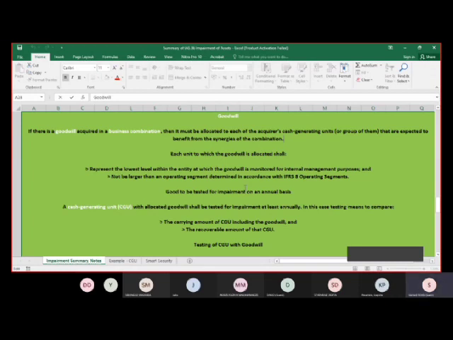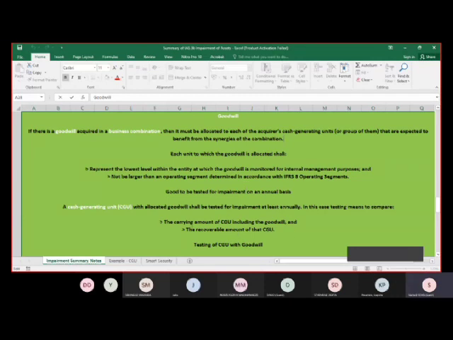A cash generating unit, CGU, with allocated goodwill shall be tested for impairment at least annually. In this case, testing means comparing the carrying amount of the CGU, including the goodwill, with the recoverable amount of the CGU. You will see there's an example that I've done as far as this is concerned.